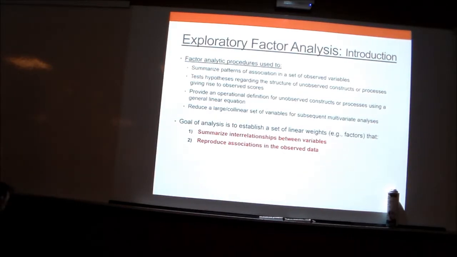So again, in our analyses, we're going to establish a set of linear weights. We're going to call these factors, and these weights or factors are going to summarize the relationships between our variables, and what we're doing in essence here is trying to replicate the associations that we see in the observed data. With any type of factor analytic procedure, structural equation modeling type of stuff, in essence, this is what we're doing.